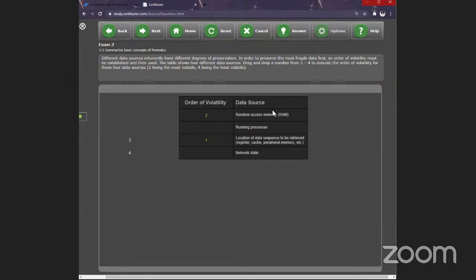Okay, I see what you're saying, but if I'm running the process, what is a running process? Because when I think of a running process, I'm thinking like a program. Yeah.